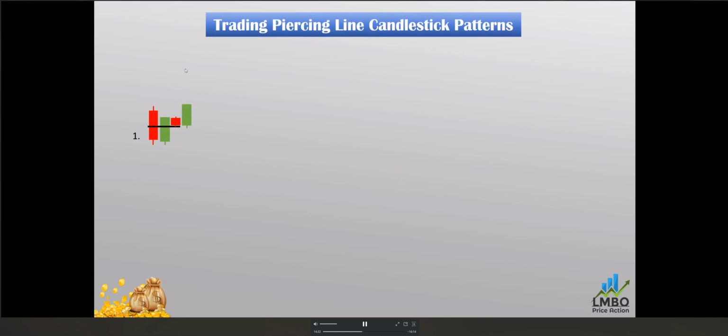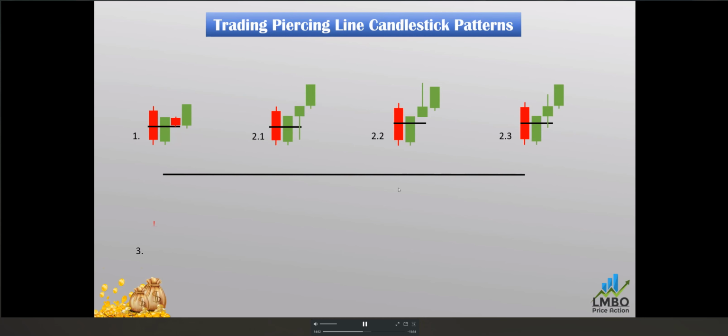Then go for the buy. A piercing line candlestick, you go for the hammer, then go for the buy. Go for the spinning candle, then inverted hammer, go for the buy. This pattern, spinning candle, go for the buy. These are the ways to go for the buy, and these are the ways to avoid the pattern first and follow the next pattern.